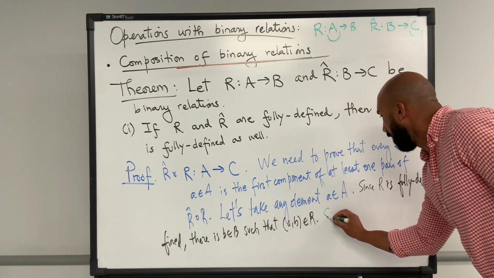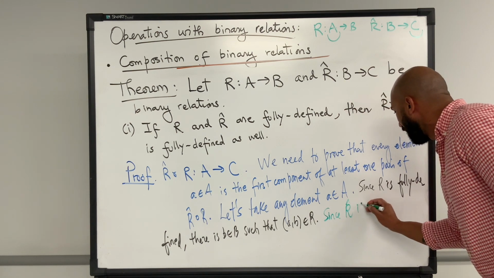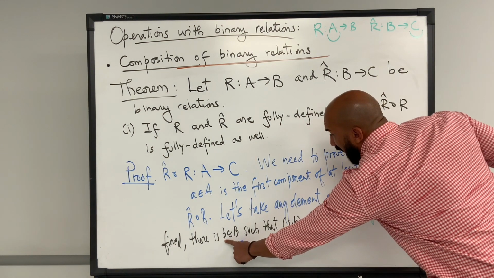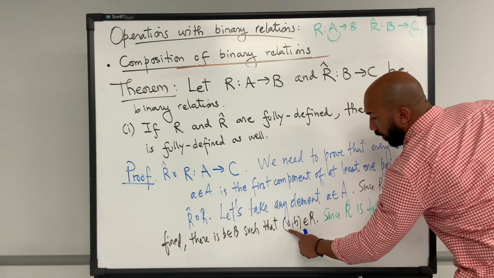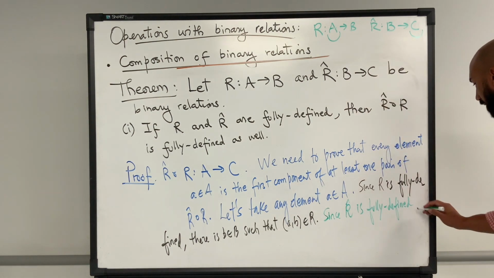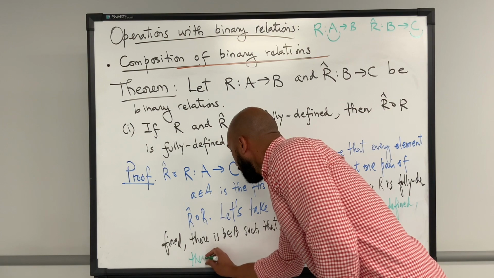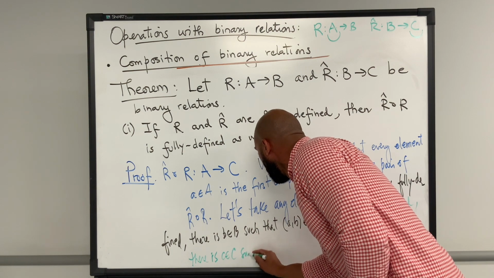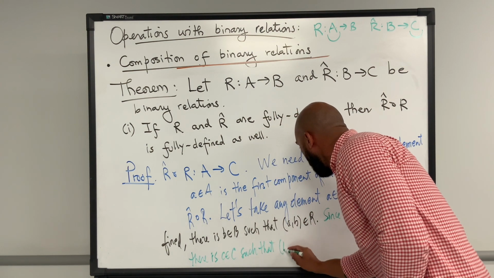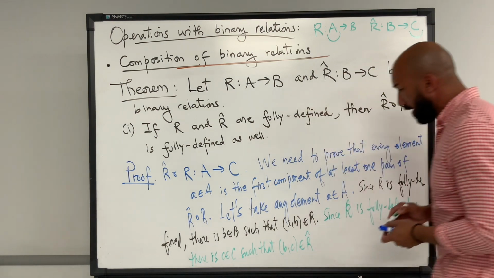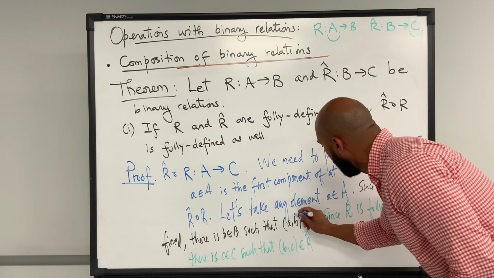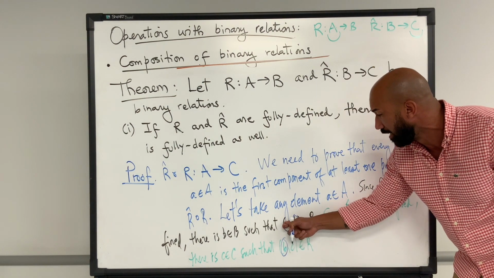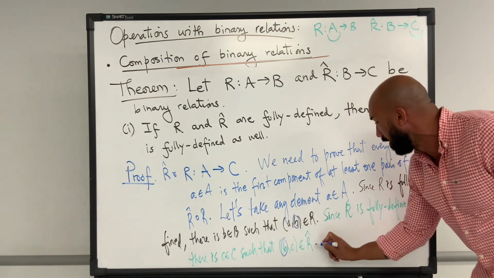So since R hat is fully defined, this element b that we found, that is the second component for this a in the relation R, is the first component of some pair in R hat. So there is an element c in C such that (b, c) is in R hat. But this b is the same. If this b is the same, b is serving as a link, as a connection for a and c.